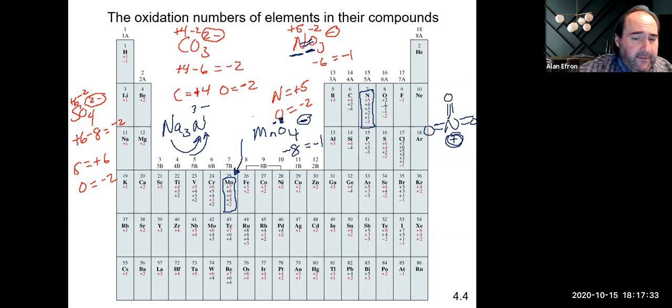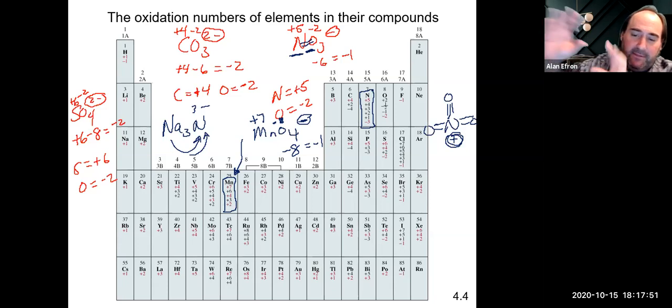In this particular case, because it's attached to all 4 of those oxygens, it's sucking the electrons, I won't say completely away from it, but in that arrangement, when it's attached to those 4 oxygens, that manganese is ultimately not truly giving away 7 electrons, but almost giving away 7 electrons.